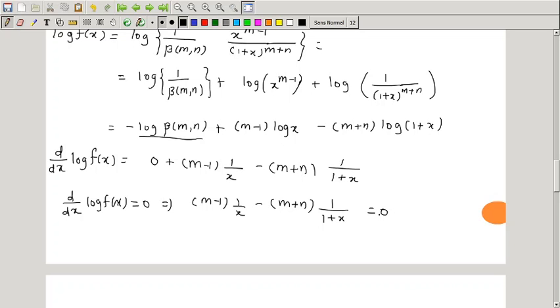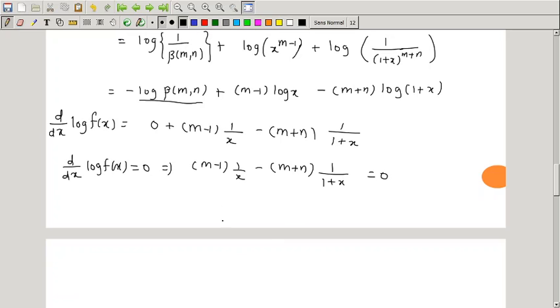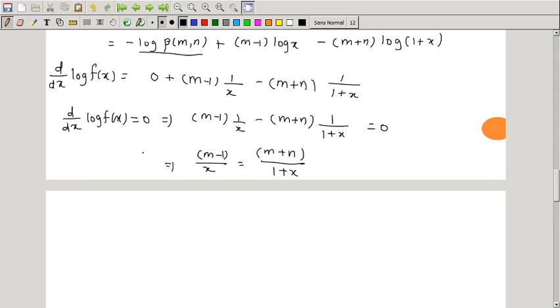Okay. So what we get here is (m minus 1) upon x equal to, this is the negative part, so it goes to the right hand side and becomes positive, that is (m plus n) upon (1 plus x). Okay. This is the numerator part on the left hand side, which goes to the right hand side as denominator. So by simplifying this, (1 plus x) upon x equal to (m plus n) upon (m minus 1).